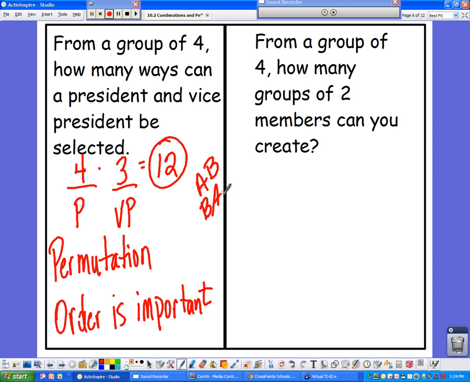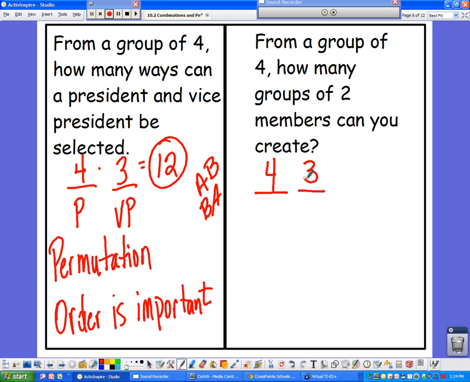Now in the second scenario, the one on the right, we want to create groups of 4. But if you remember, the answer to this one was 6. So in the first spot, I have 4 people that I can pick from. Let's write it up there. And for the second spot, once I put somebody in that first seat, now I have 3 people that I can choose from.